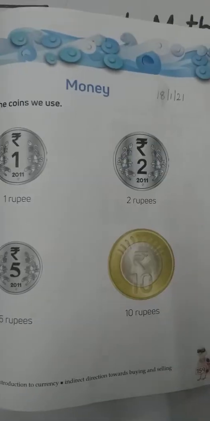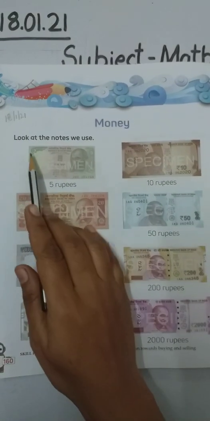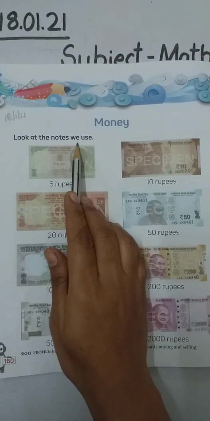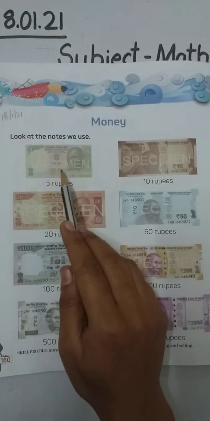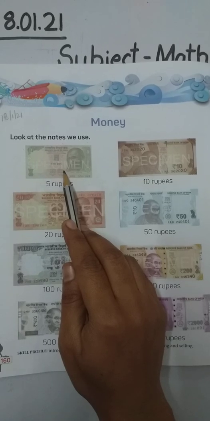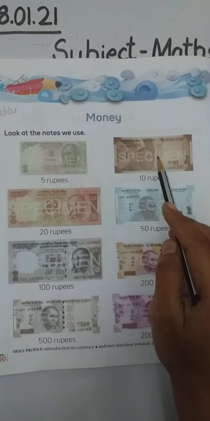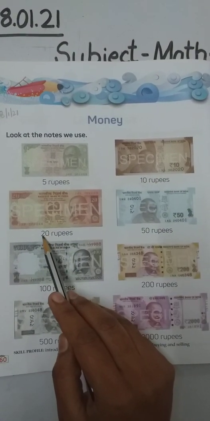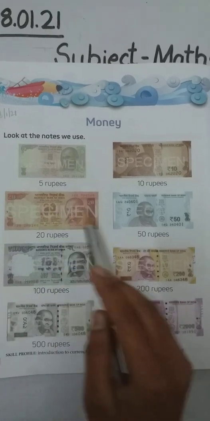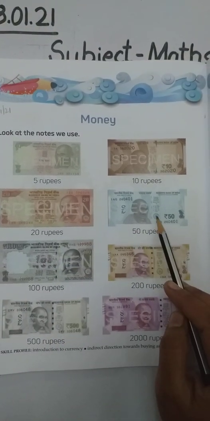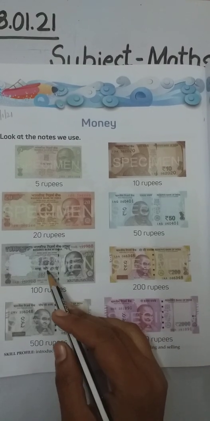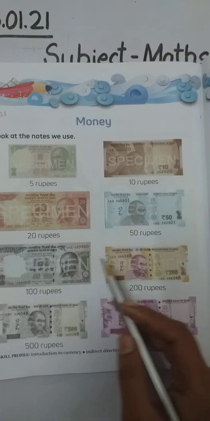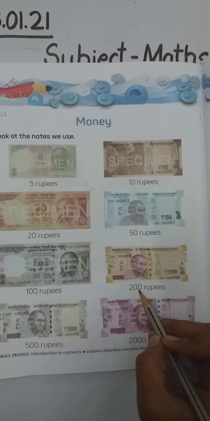Page 160. Look at the notes we use. So we have 5 rupee note, 10 rupee note, 20 rupee note, 50 rupees note and 100 rupees note, and this is 200.